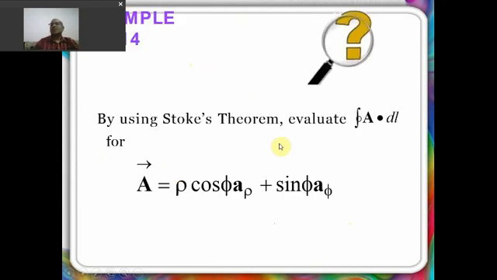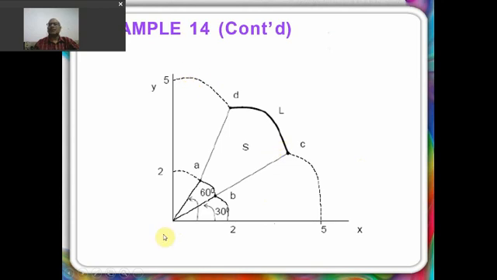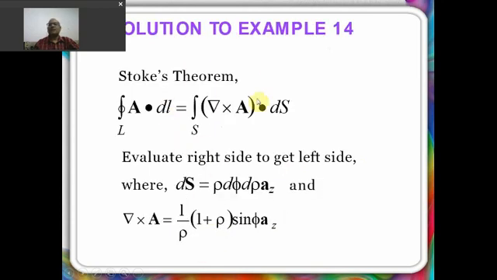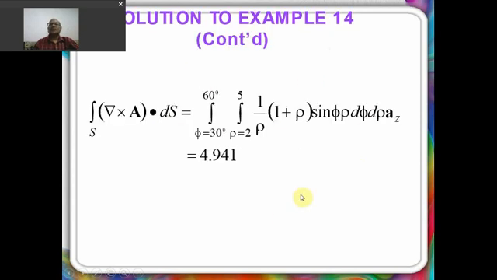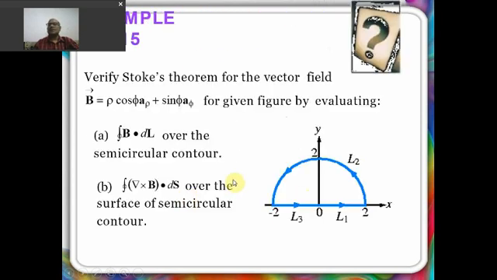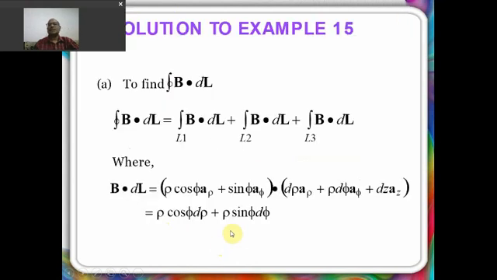Okay, so if we take the example, right, evaluate A dot dl for this vector in cylindrical coordinates. So the example can easily be found. We plot the graph and then we put in the values, right? So we can easily find all these values after calculating the integrals.